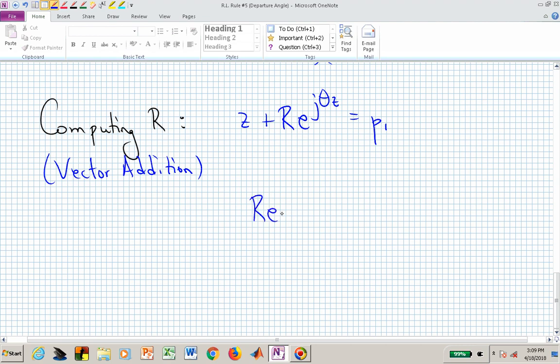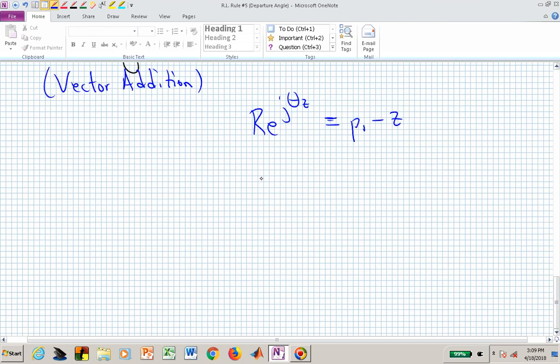Or r e to the j theta sub z is equal to p sub 1 minus z. And if we take the magnitude of both sides, we know that the angle of a product is the sum of the angles.